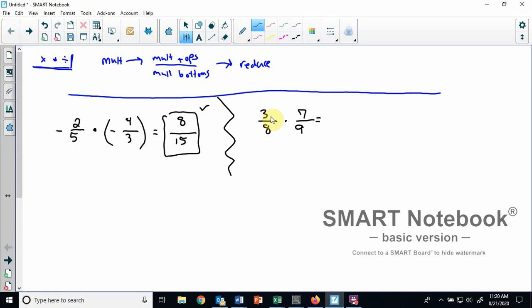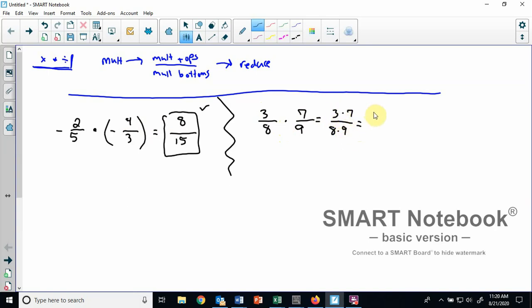Some people try to reduce things from the tops and the bottoms before they get started. Let me show you. I didn't show an intermediate step in here, but all you're doing when it comes to multiplying fractions is you're multiplying the tops to make the top, and you're multiplying the bottoms to make the bottoms. So some people see that the 3 and the 9 would reduce down.